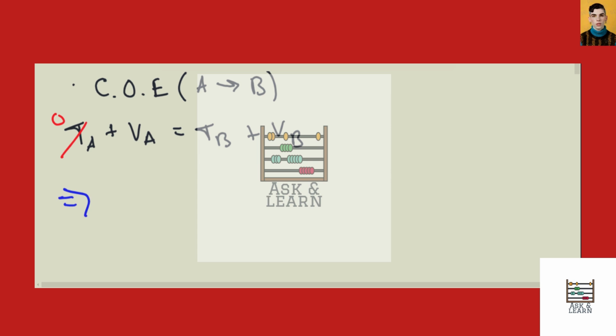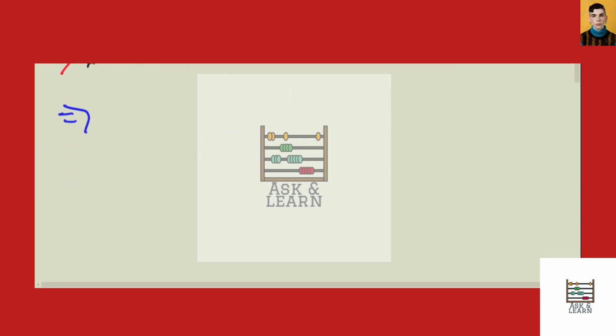So then we can expand this, and we have potential energy mgHA equals kinetic energy at B, 1/2 m vB squared, plus potential energy at B, mgHB. So we're looking for HA, and we need to find the velocity at point B.